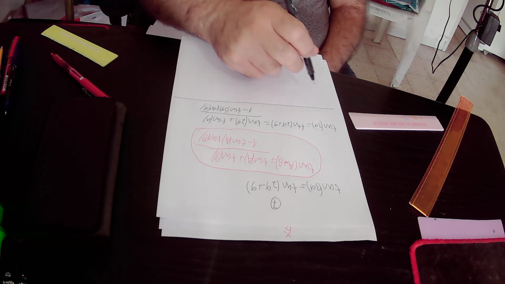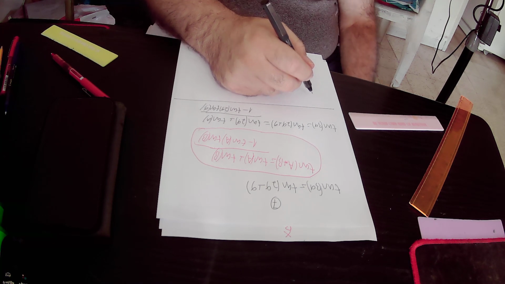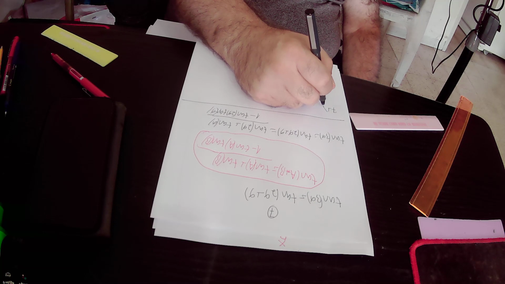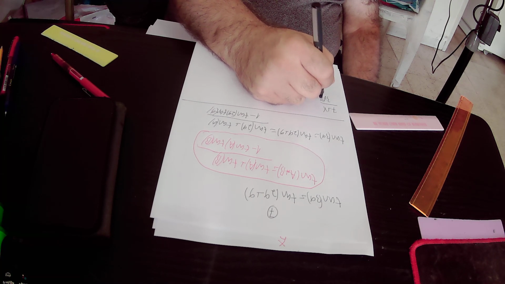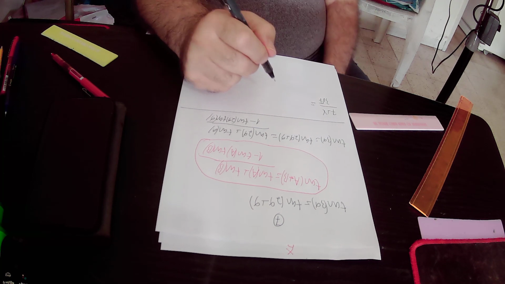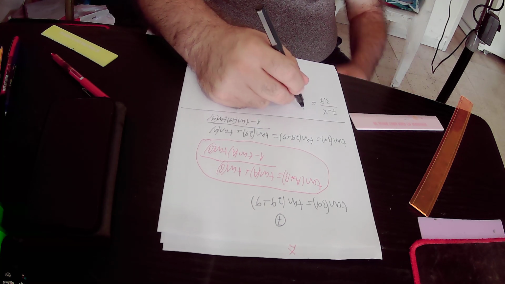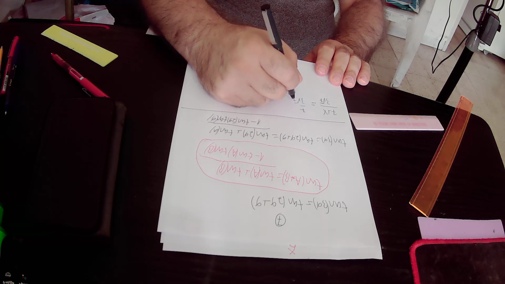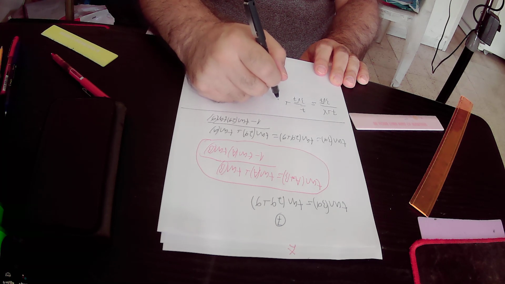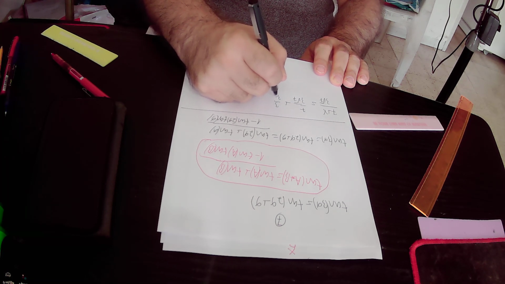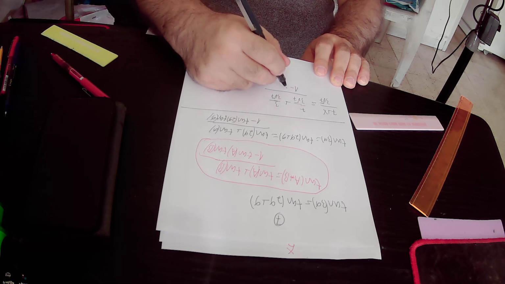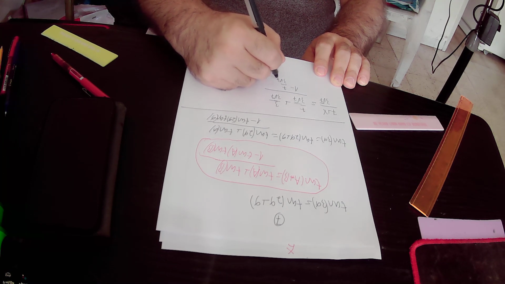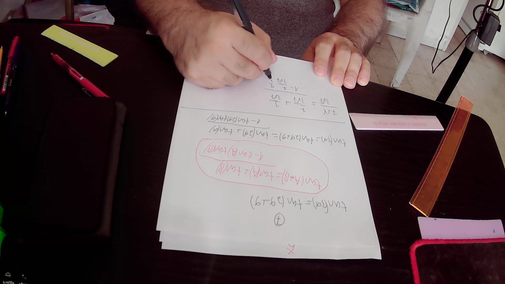So we will get that tangent 3 alpha, which is 7 plus x over 3 times root 7, equals tangent 2 alpha, which is 7 over 3 times root 7, plus tangent alpha, which is 3 over 3 times root 7, all divided by 1 minus tangent 2 alpha, 7 over 3 times root 7, times tangent alpha, that is 3 over 3 times root 7.